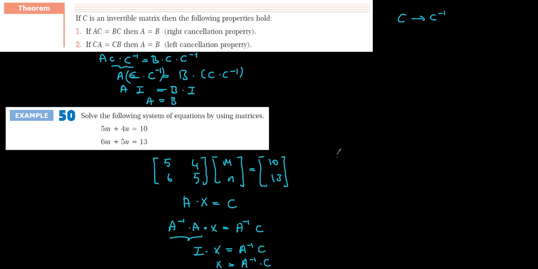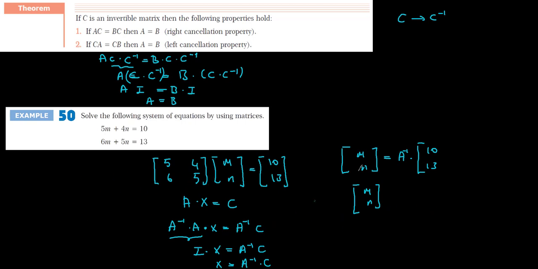So the matrix m, n, we are going to do this one now. m, n should be equal to A inverse times C, which is 10 and 13. What is the inverse of the matrix here? Let's find that one.